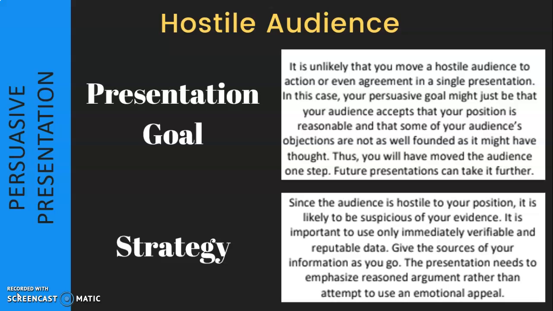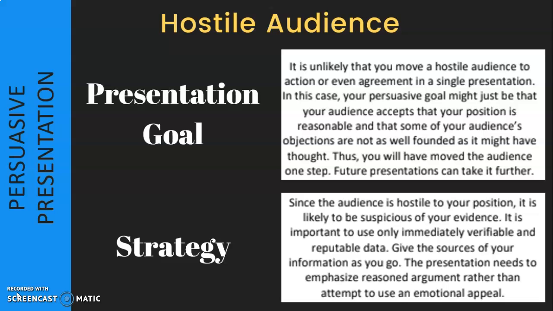So, what strategy you can use? Since the audience is hostile to your position, it is likely to be suspicious of your evidence. So, it is important to use only immediately verifiable and reputable data. Give the sources of your information as you go. The presentation needs to emphasize reason argument rather than attempt to use an emotional appeal.